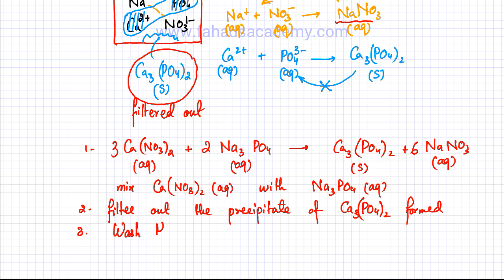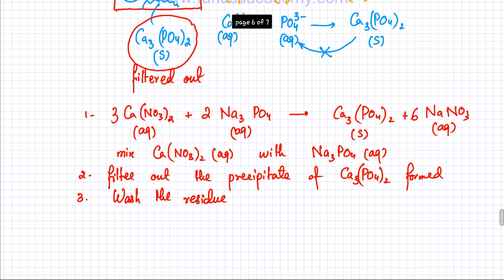So wash the residue. Residue is the term that is used when you filter things out. So wash the residue with distilled water. Remember to always use distilled water or mention distilled water.